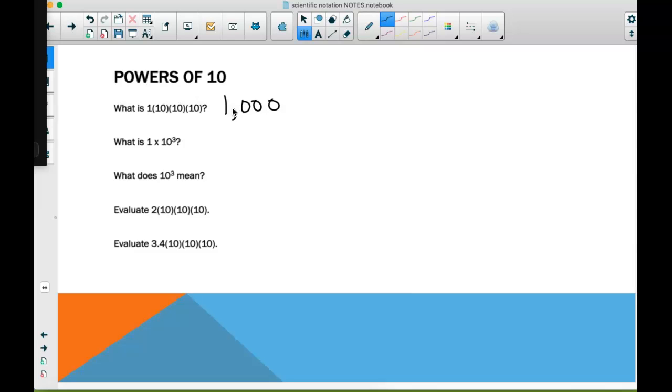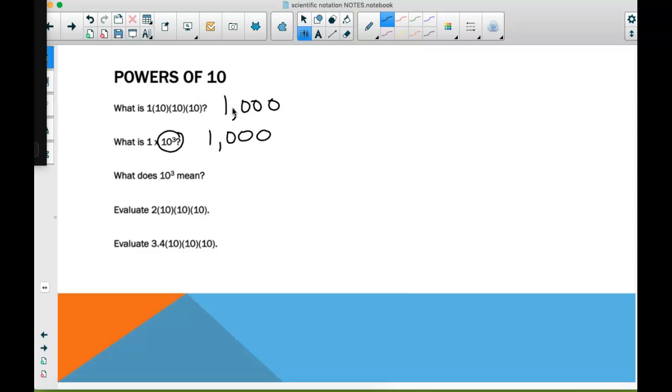And that is the same exact thing as 1 times 10 to the third power, because 10 to the third power is just 10 times 10 times 10. So this would be 1,000. Everybody agree with that?